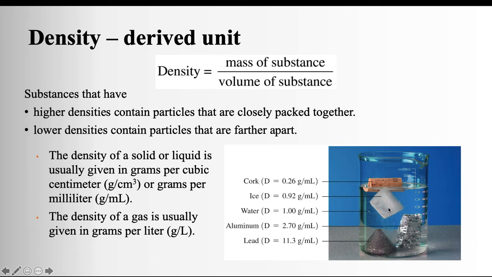It's actually an exception because mostly the density of a solid is higher than the density of the liquid, but not for water. And this is a good thing for us because water freezes from the top instead of from the bottom. And that makes it possible for fish to survive in the winter when the water freezes in the lakes and the ponds. If water froze from the bottom up, then the fish would never survive.